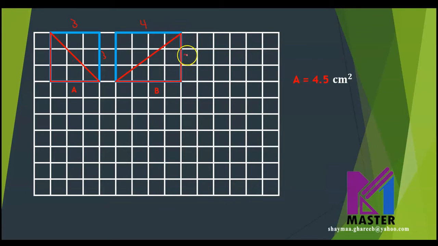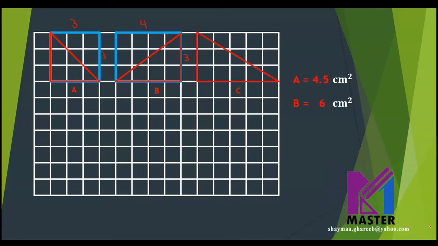So 3 times 4 equals 12. Then I will divide the area of the rectangle by 2 to get the area of the triangle. 12 divided by 2 equals 6. So the area of shape B, or triangle B, equals 6 centimeter squared.